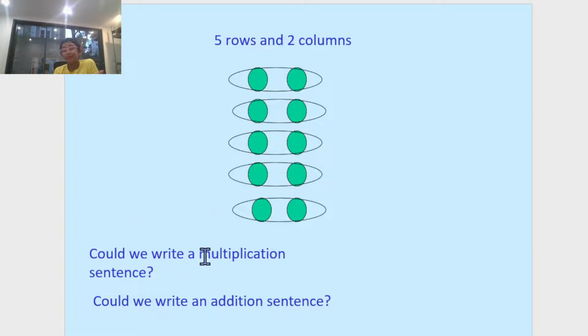Could we write a multiplication sentence and can we write an addition sentence? I'm going to tell you this. For every multiplication you do, whether it's 5 rows and 2 columns, or 3 rows and 2 columns, you can always write a multiplication sentence and you can always write an addition sentence. That's why I'm not going to talk much in detail of this.